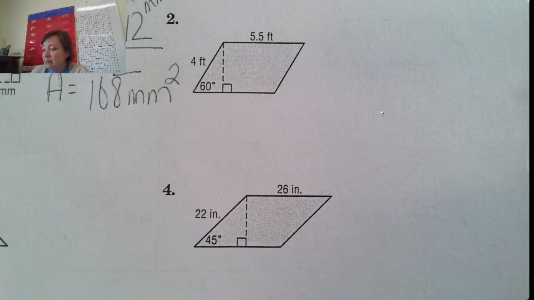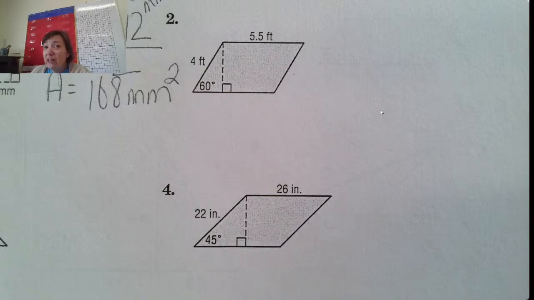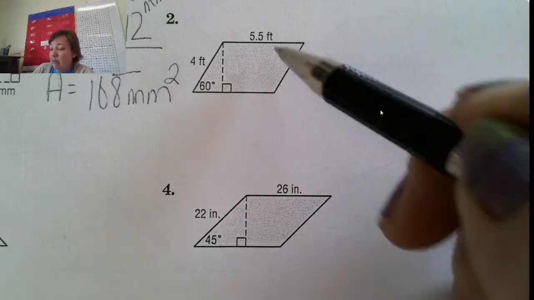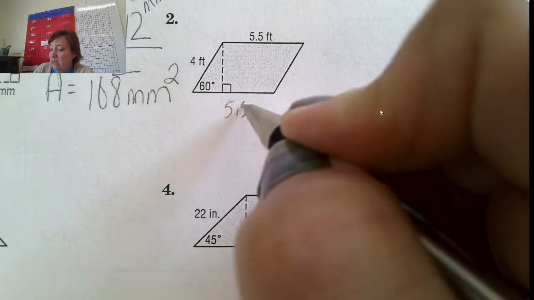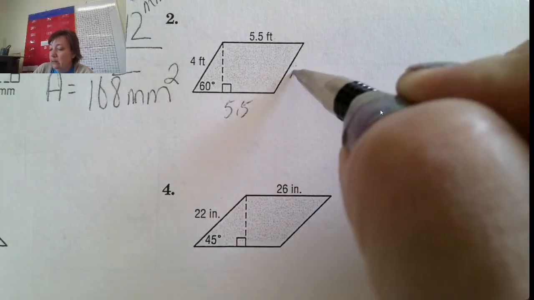Okay, look at this guy. That's a parallelogram. Now, on a parallelogram, you know your opposite sides are congruent. So if this is 5.5, what's this down here? 5.5. If this is 4, what's this over here? 4.